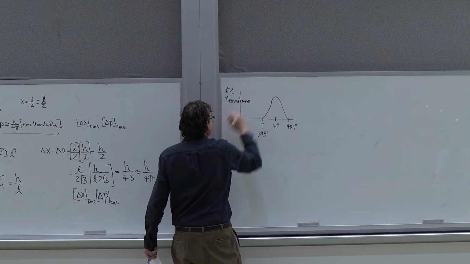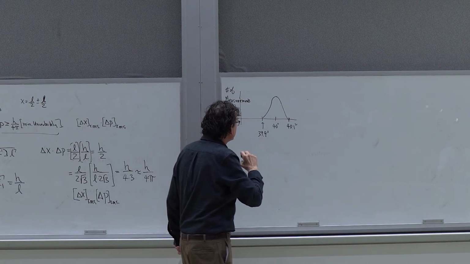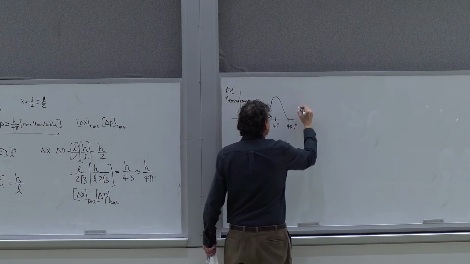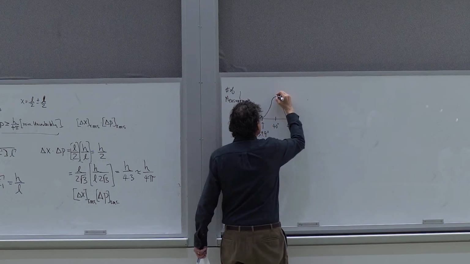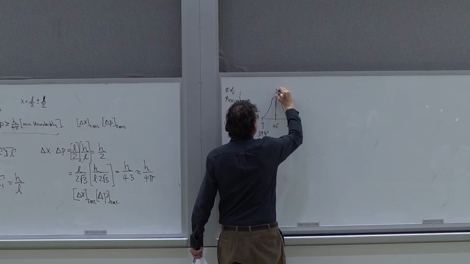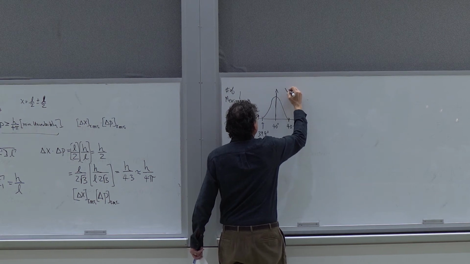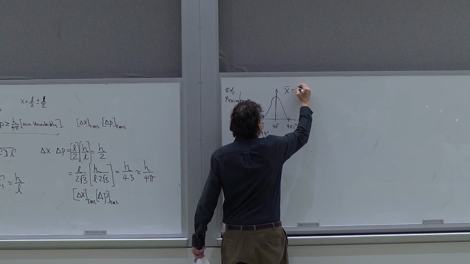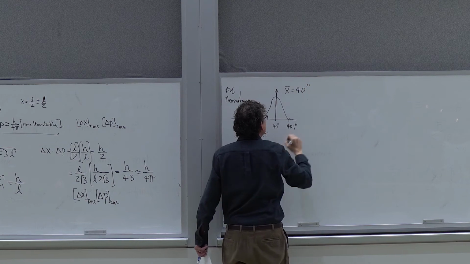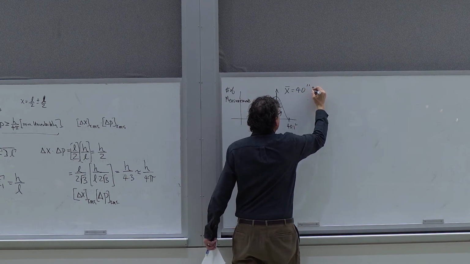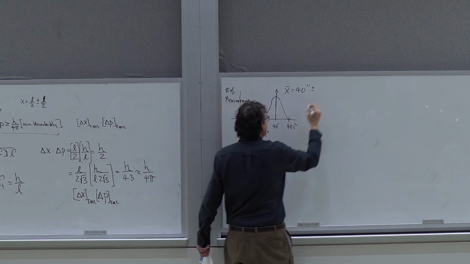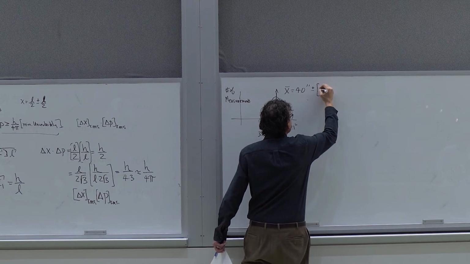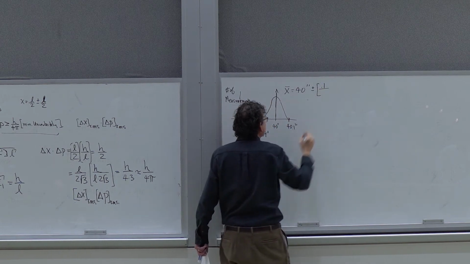Then the sigma, the standard deviation, so this is the mean, the average value of the length of the table, x bar, is equal to 40 inches, right? But the standard deviation, plus or minus, is going to be 0.1 divided by some number which is of the order of 3.